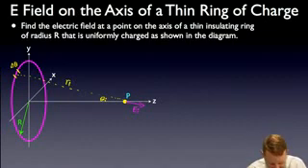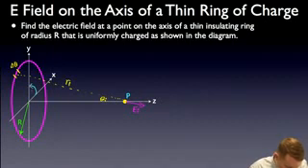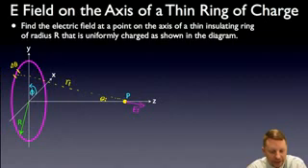And notice now we have a theta i, but we've got another angle we have to deal with, an angle around the circle. I'm going to define my angle phi as the angle around the circle in that direction. So there's phi. Now again, we have a linear charge density.